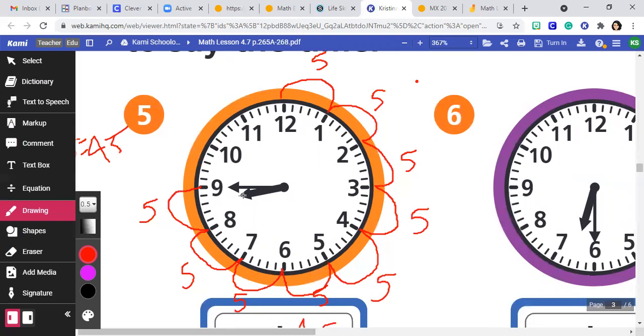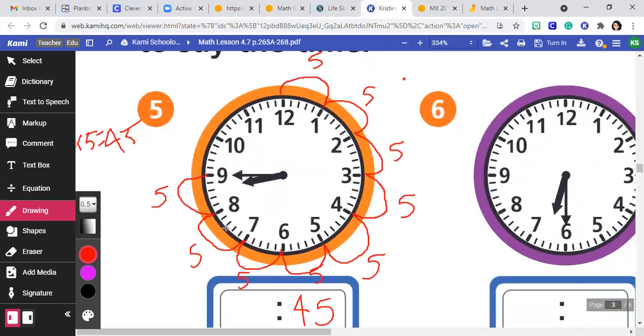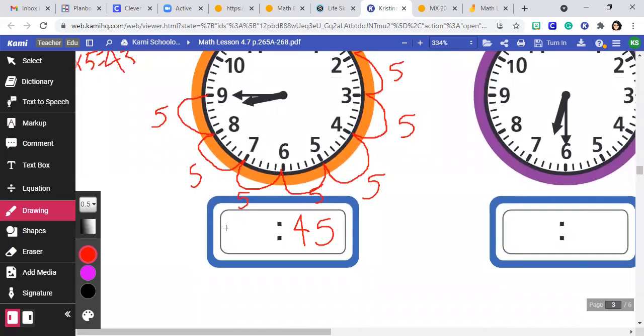We know 45 minutes has passed, so we are in between hours. It's in between the 8 and the 9. It's not at the 9 yet, which means we are still in the 8 o'clock hour. So I'm going to write down the 8 right here. Our time is 8:45.